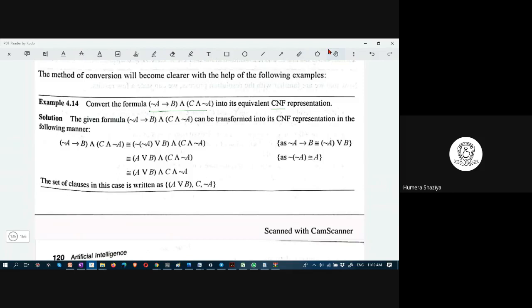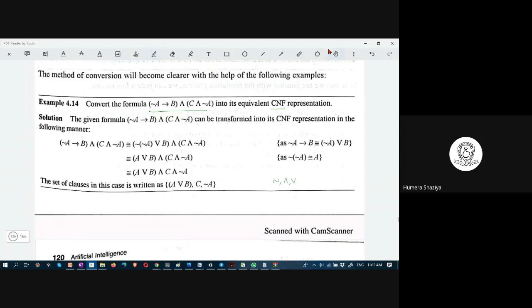Why is that formula not in CNF? Observe here, in CNF you can have only not and or.